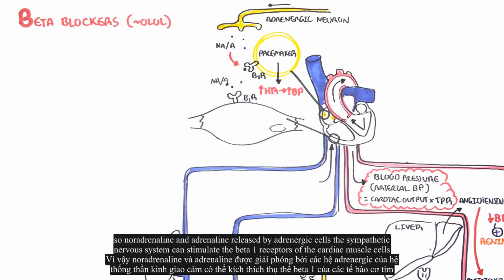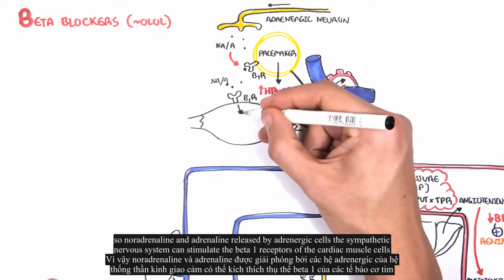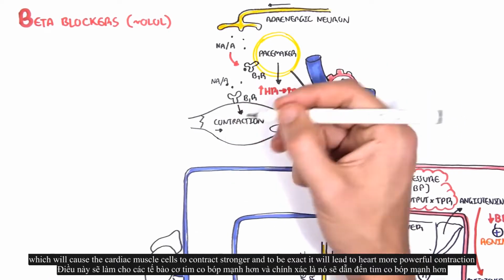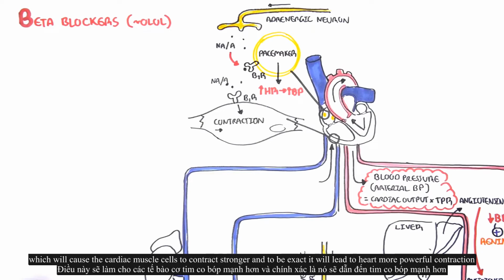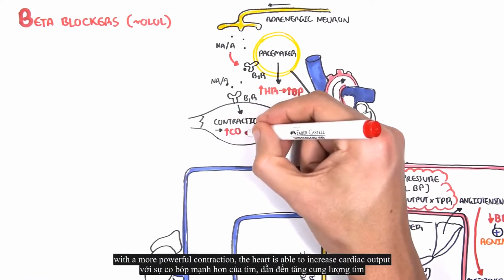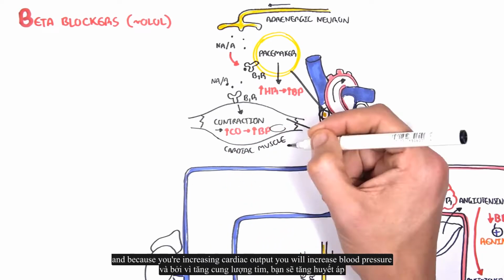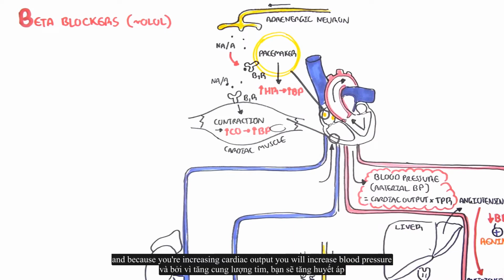So noradrenaline and adrenaline released by adrenergic cells of the sympathetic nervous system can stimulate the beta-1 receptors of the cardiac muscle cells, which will cause them to contract stronger. To be exact, it will lead to a more powerful contraction. With a more powerful contraction, the heart is able to increase cardiac output. And because you're increasing cardiac output, you will increase blood pressure.